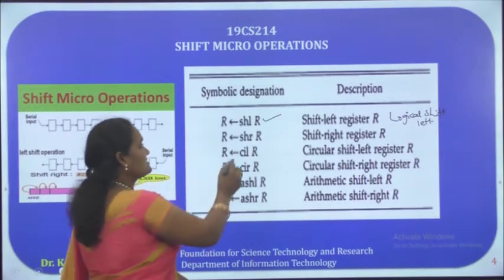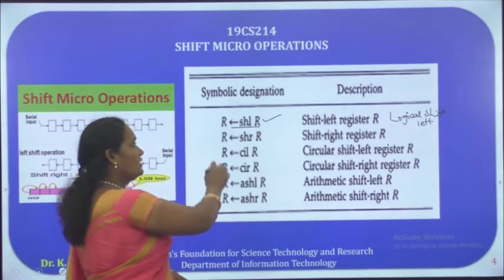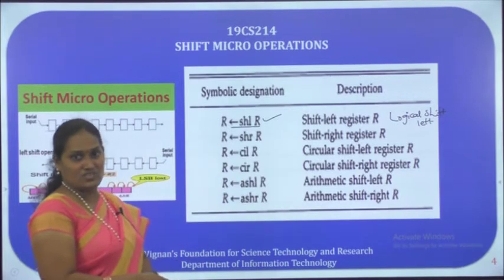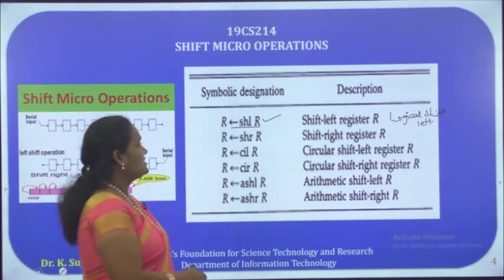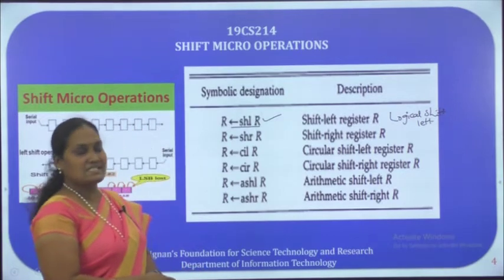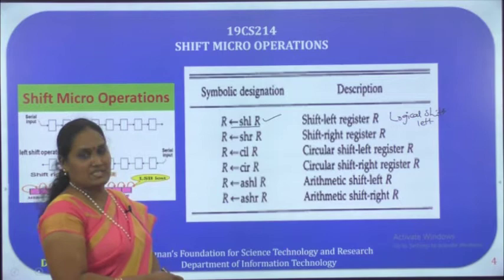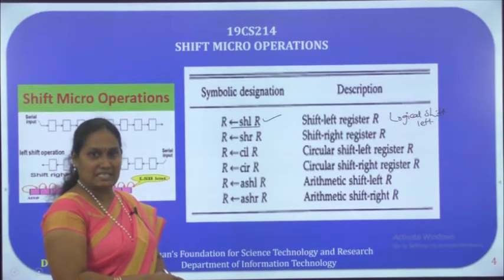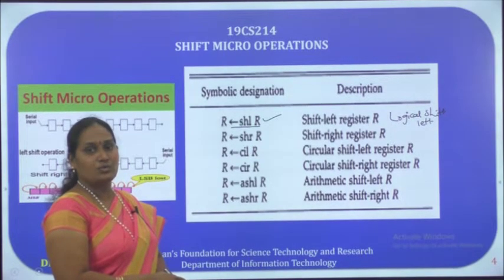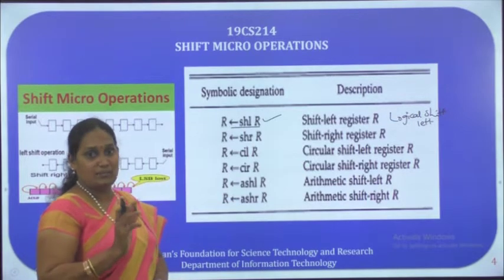So what is this shift left operation, R ← SHL R? Here SHL means shift left, also called logical shift left. We are shifting the bits in the register R towards the left by 1 bit position.